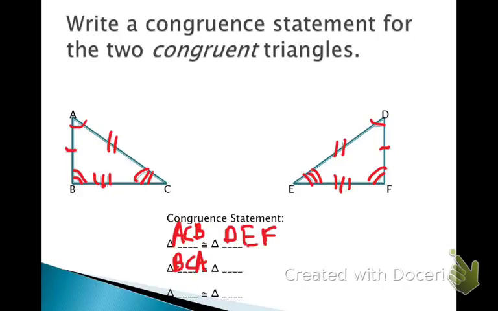What corresponds with B? F. So the first letter would be F. What corresponds with C? E. And what corresponds with A? D. So it would be FED. Let's try another way to name it. If we called it triangle CAB.